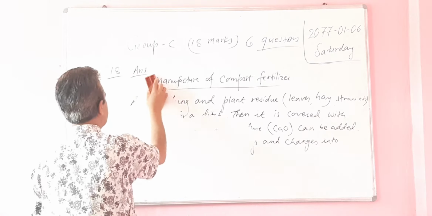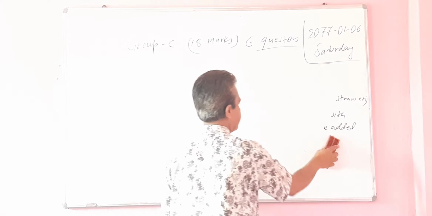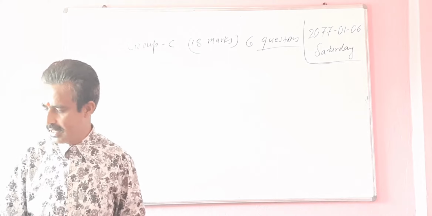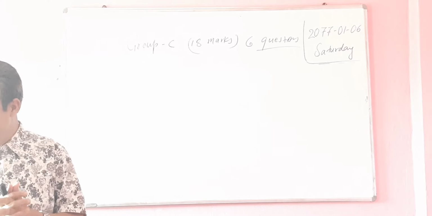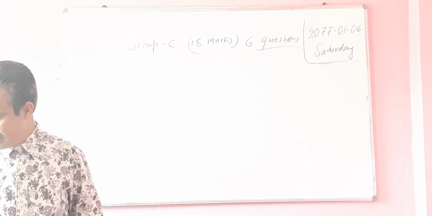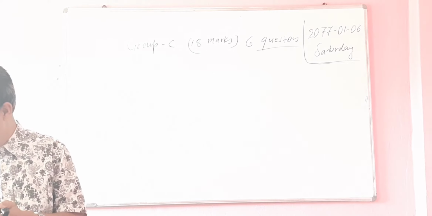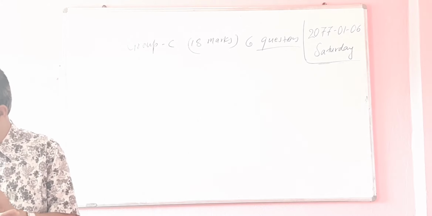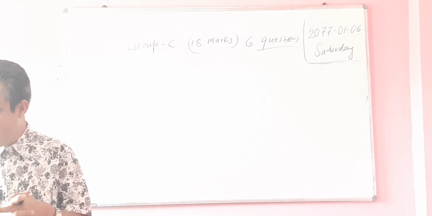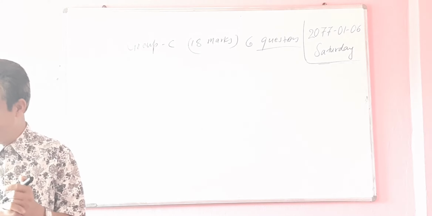Now we are in question number 19. It's from heredity. The question says, pea plants with red flower, capital R, and white flower, small r, are cross-pollinated first, then self-pollinated. What will be the color of flower in first and second generation of those pea plants, and why?